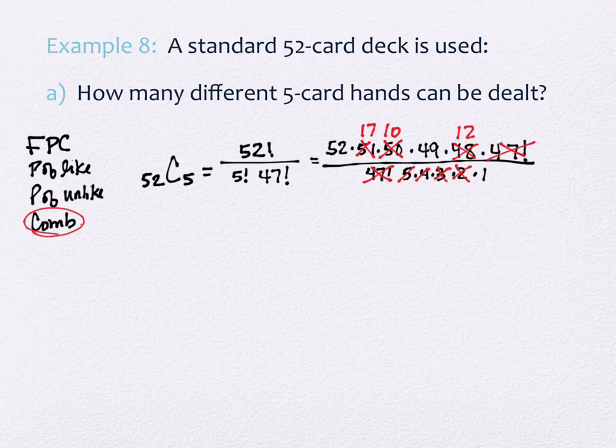I did the 52. Perfect. 52. And we did this one earlier out loud as 26. So as we're taking a look at multiplication, we're multiplying 26, 17, 10, 49, and 12. What does that give us?